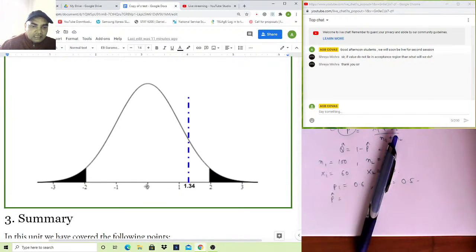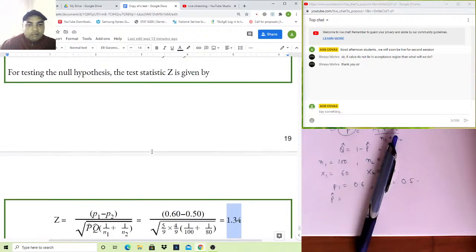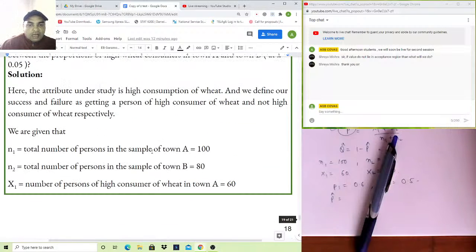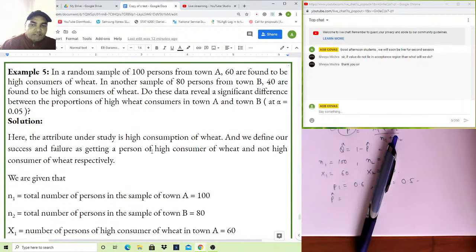What we see is that our 1.34 lies in the acceptance region, and when it does, we accept our null hypothesis, which includes the equality sign. So the proportions of wheat consumers in town A and town B are the same at the 5% level of significance.